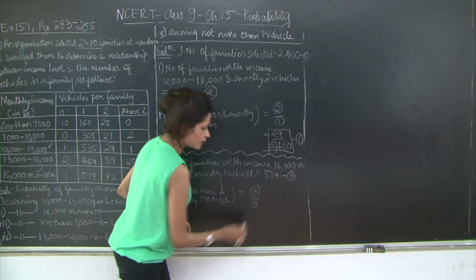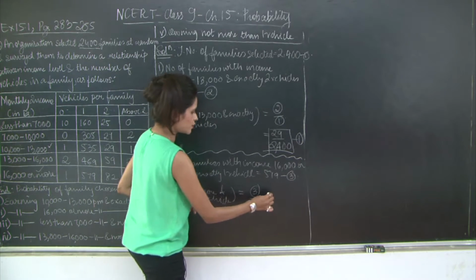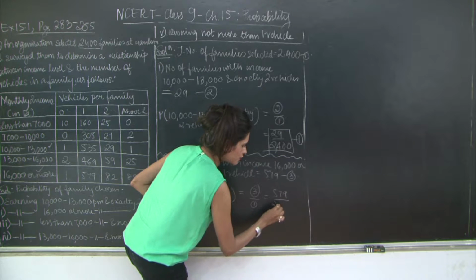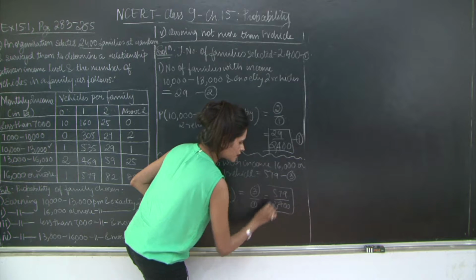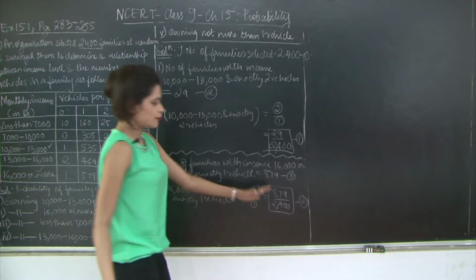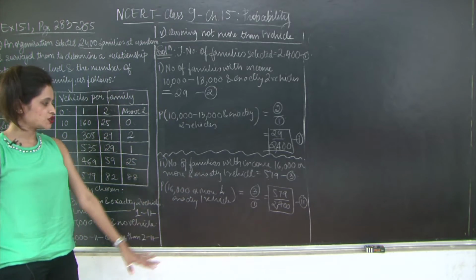So equation 3 divided by equation 1. This is going to be 579 upon 2400. This is your solution to the second sub question. So I'm just putting it in a box and marking this as 2.